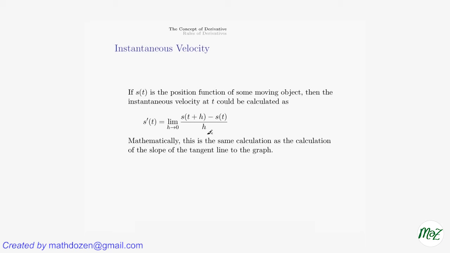This fraction represents the average velocity of an object for h units of time, say for h seconds. And if we take the limit as h goes to 0, we'll find the instantaneous velocity. Mathematically, this is the same calculation as the slope of the tangent line to the graph.